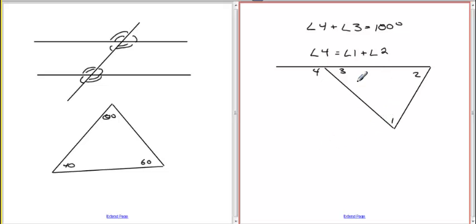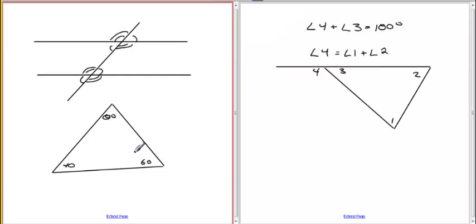Again, in the tests, we might give you some values. This is x, this is x minus 4, and this is 2x minus 1. In this case, you use the fact that the interior angles add up to 180 degrees. So there are two choices: they either add up to 180 degrees or they're equal to each other.